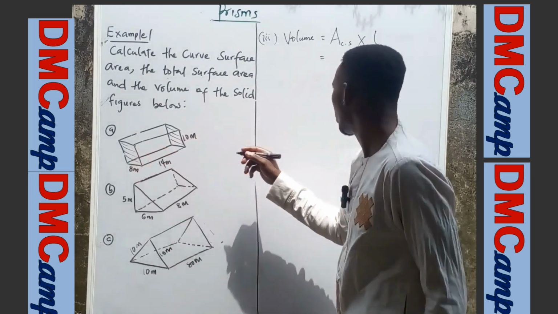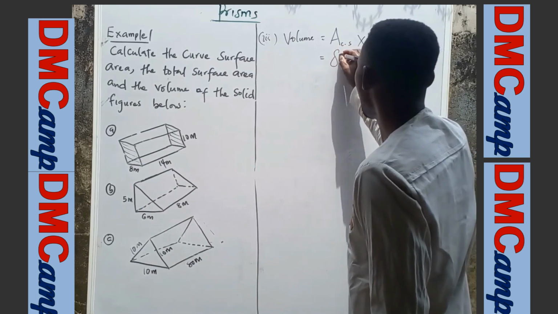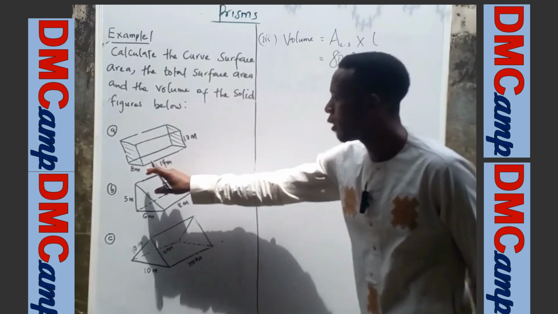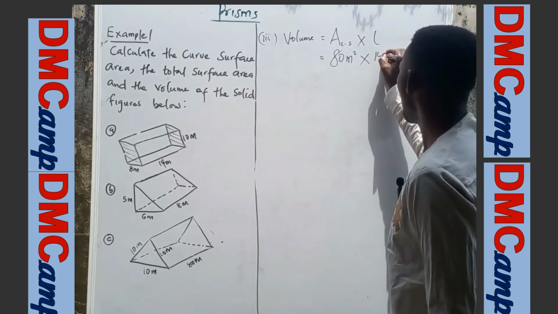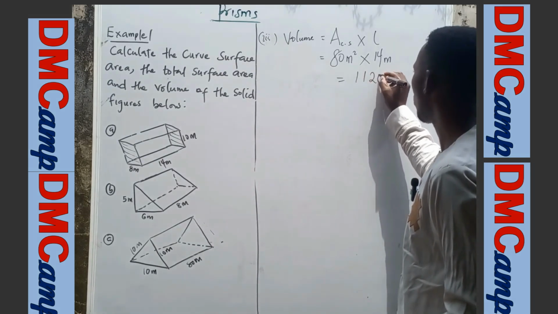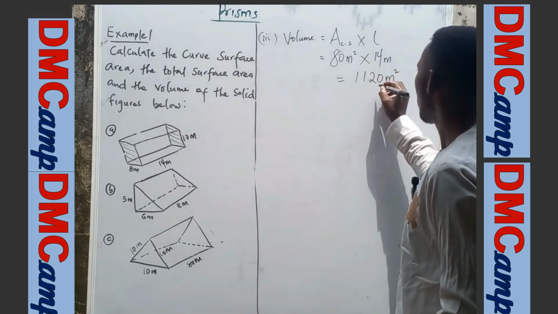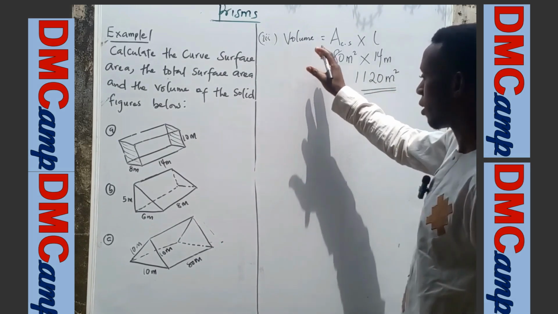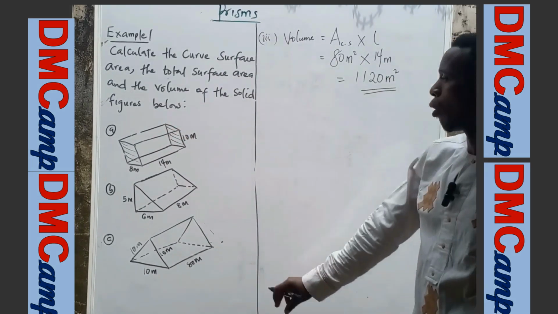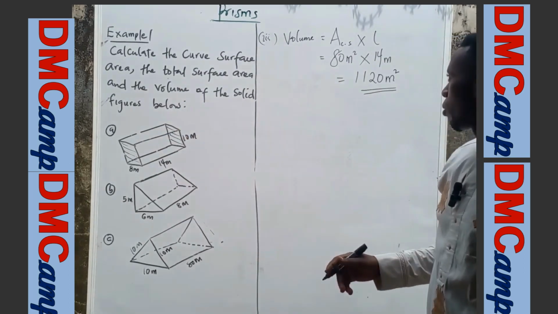Then multiply it by the length here, which is 14 meter. So that gives 1,120 meter cube. So that is the volume of this cuboid.